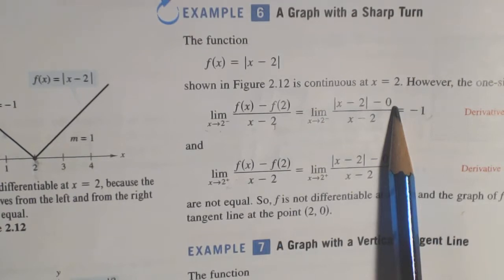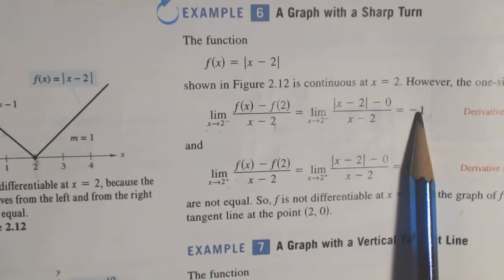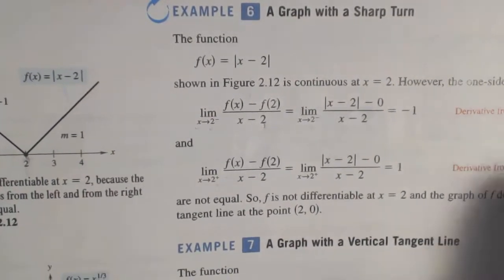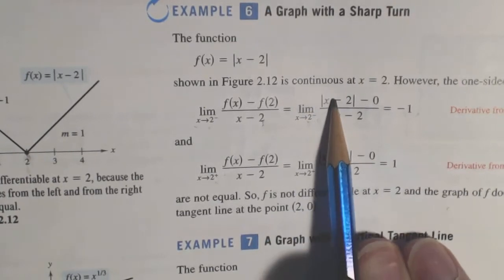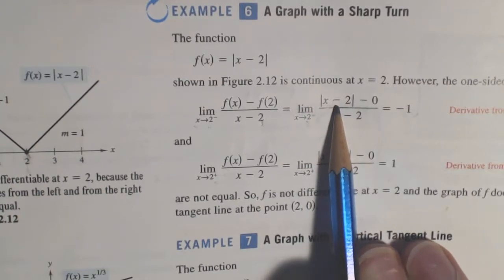What they don't tell us is how they got to here. They got to here by knowing that if you're approaching 2 from the left-hand side, then you'd be doing something like the absolute value of 1 minus 2, and that's negative.